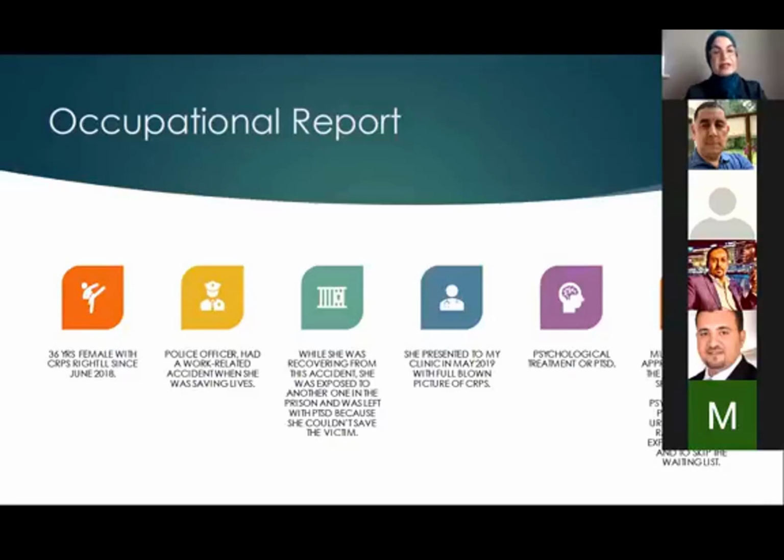So she is a 36-year-old female with CRPS, since June 2018. She's a police officer who had a work-related accident while she was saving lives. While she was recovering from the first accident, she was unfortunately exposed to another accident in the prison, and was left with post-traumatic stress disorder, because the prisoner was killed and she could not save that person in time.